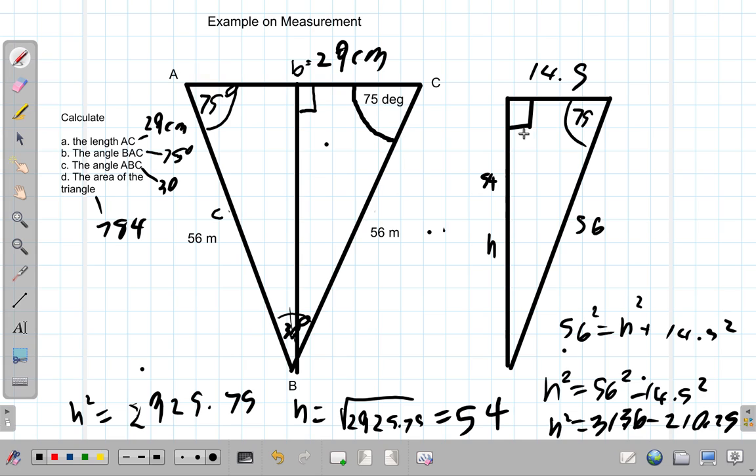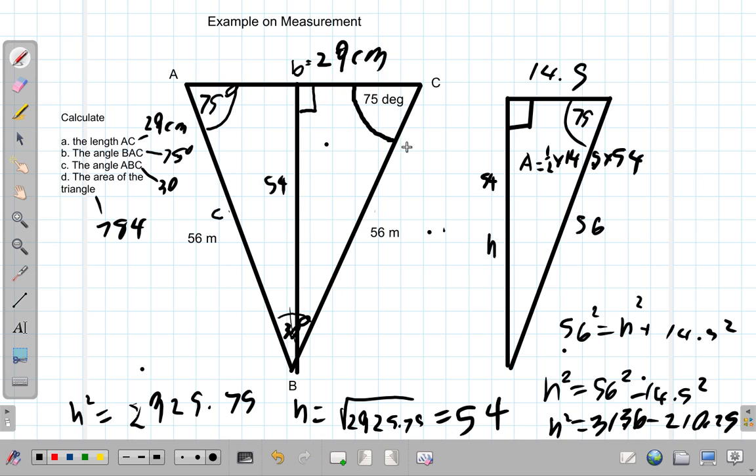So now, since we know that this is 54, let's try the area of this one. The area is half the base, 14.5, times the vertical height, which is 54.